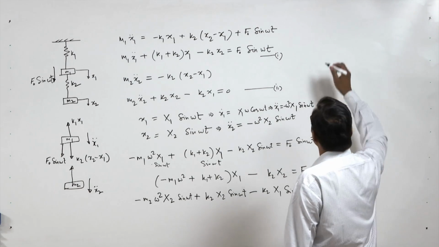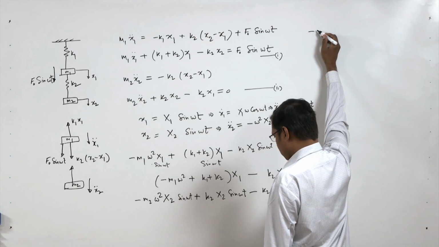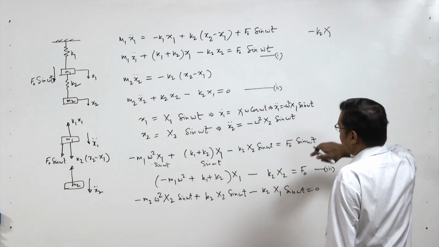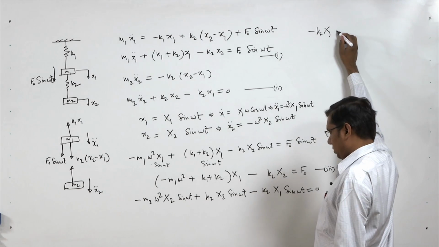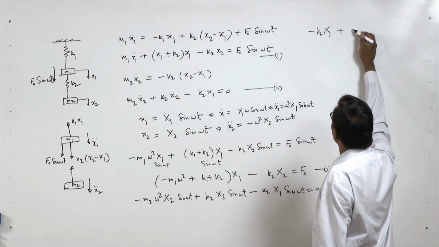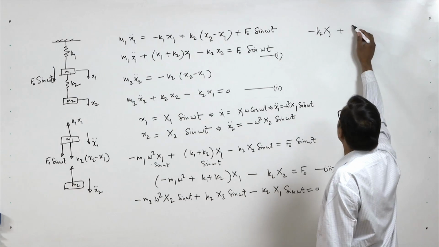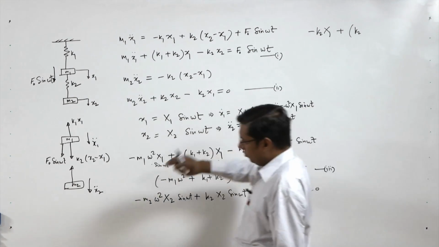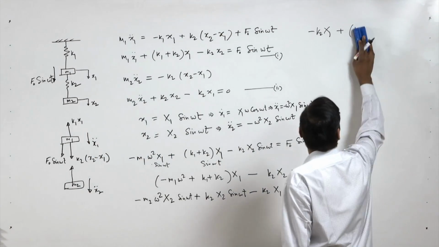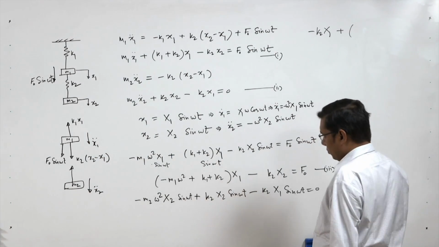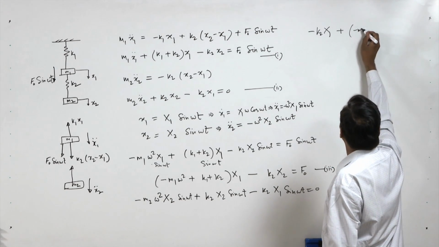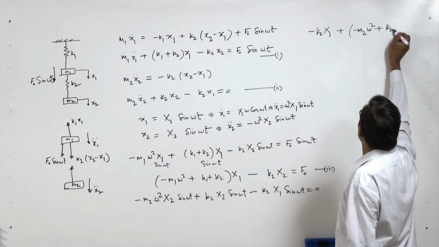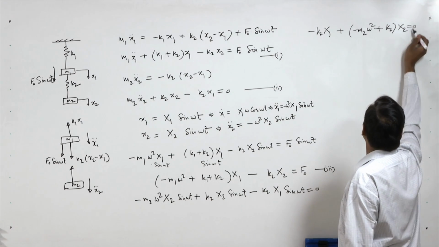Again we can write minus k2 X1 plus (minus m2 omega square plus k2) X2 equal to 0. So this is equation 4.